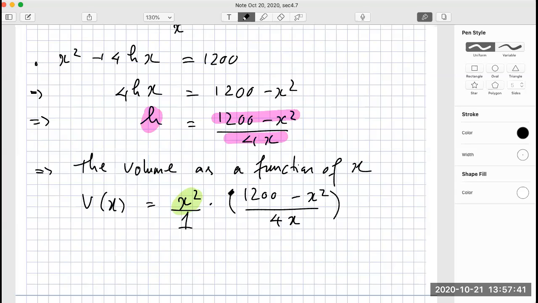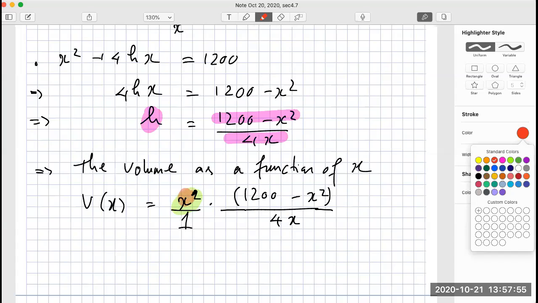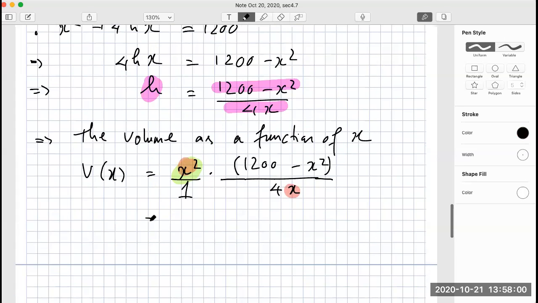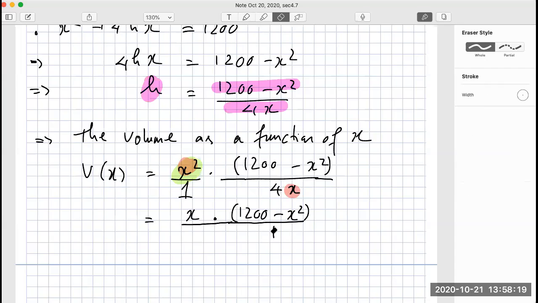If we write it this way, it's easier to see. When we simplify x, this becomes x multiplied with (1200 minus x squared) and divided by 4. Okay? Write it this way.